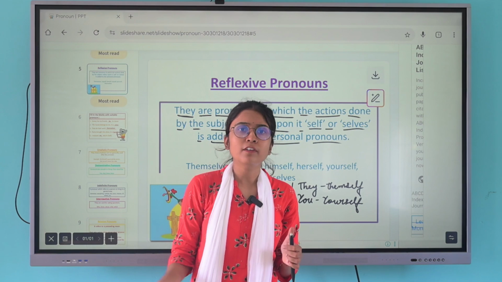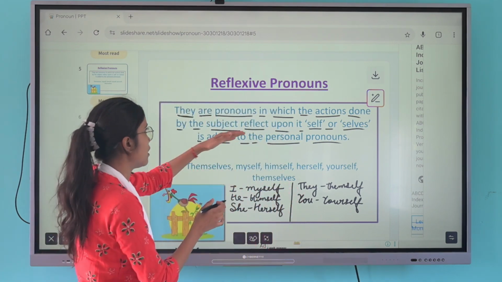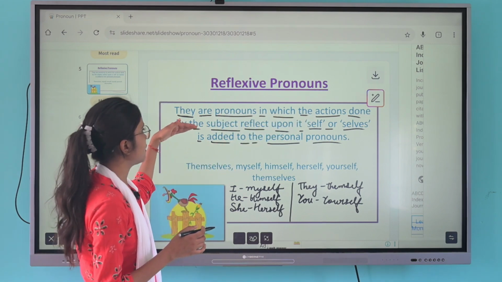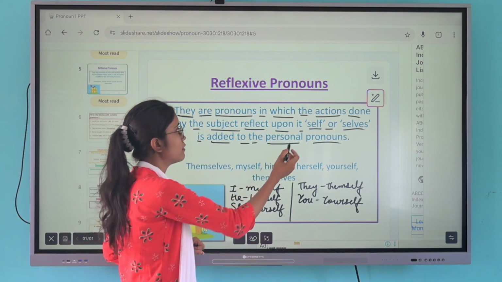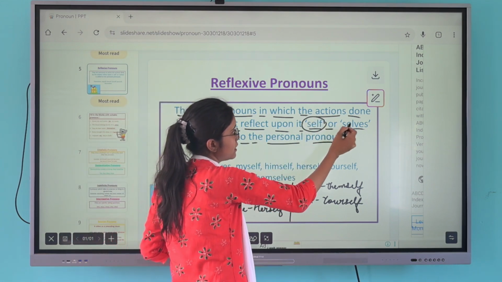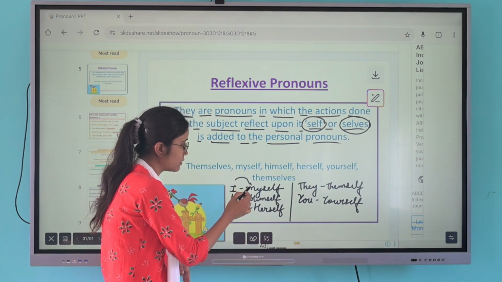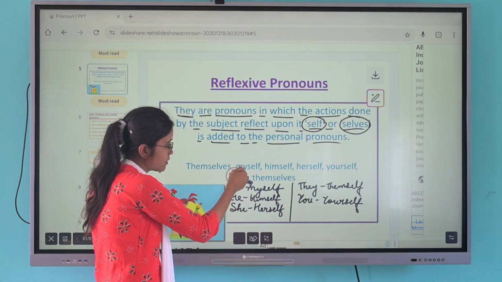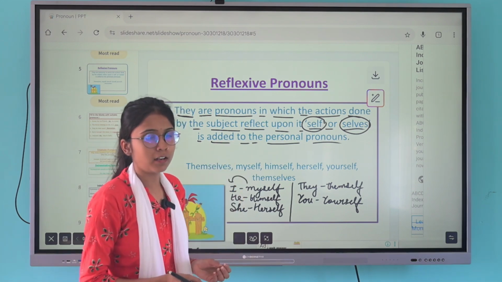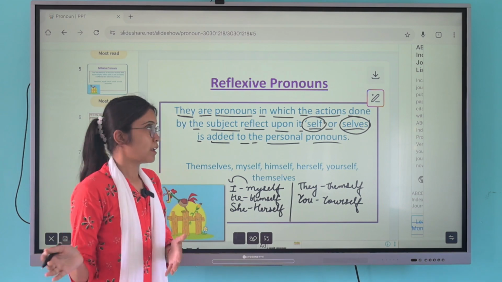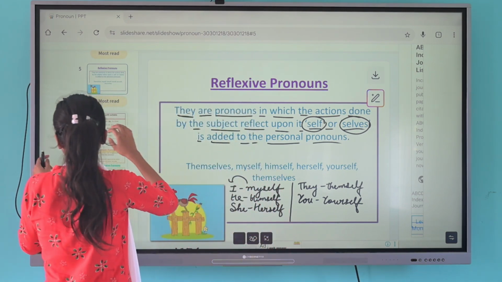When the words reflect back to the subject, and the action done by the subject reflects upon itself. We identify it by these words, self or selves. When the words return back to the subject, it is an example of a reflexive pronoun.